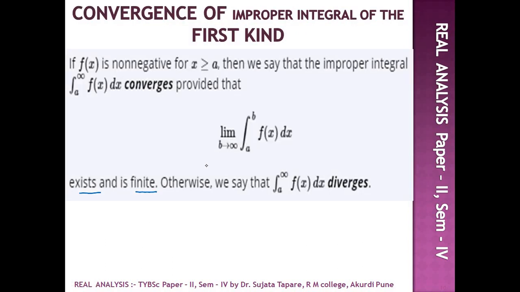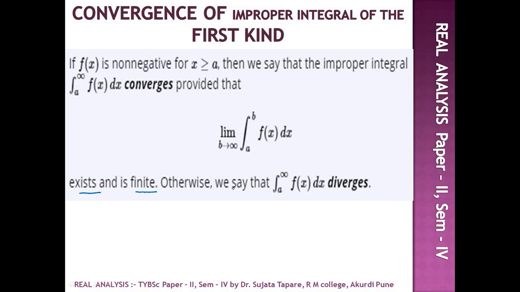We discuss the convergence of the improper integral of the first kind. This is the improper integral of the first kind, the integral from a to infinity of f(x) dx. It is said to be convergent if we replace this infinity by b and take the limit as b tends to infinity, and if this limit exists, then we say that this improper integral of the first kind is convergent.